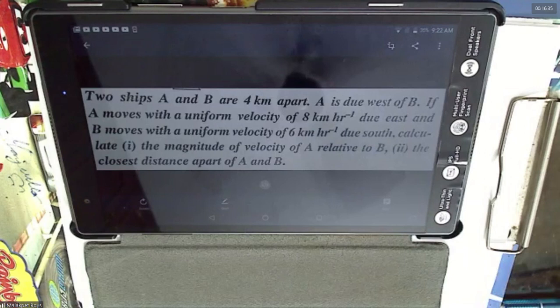See, for B, it is west, no? If you observe this, at the location of B, this is east, west, north, south. A moves with the uniform speed of 8 kmph initially, and B moves.